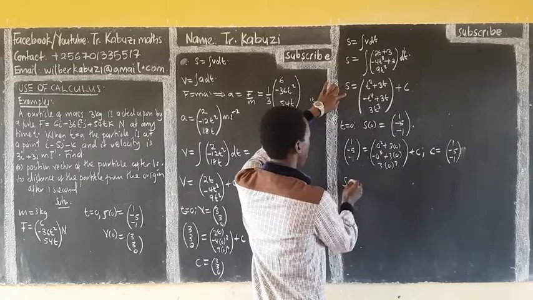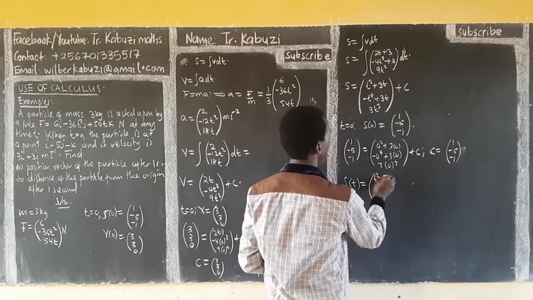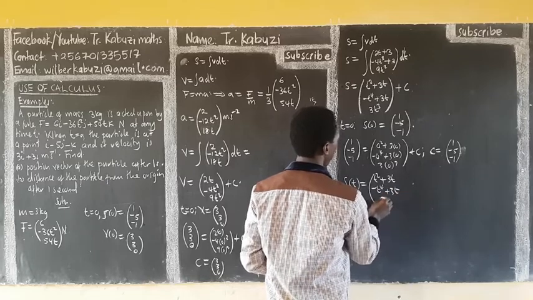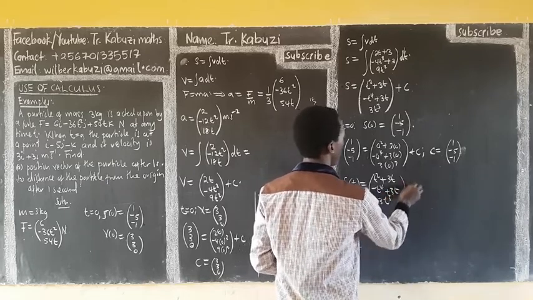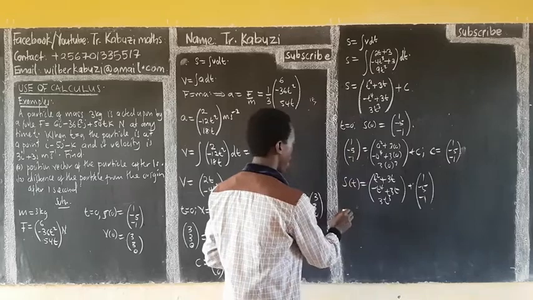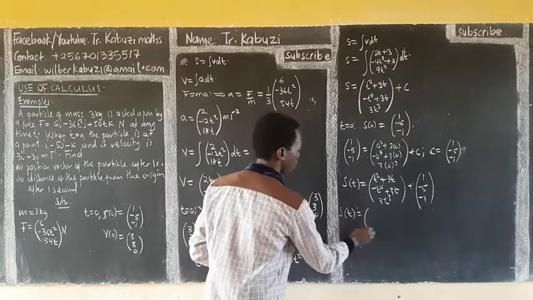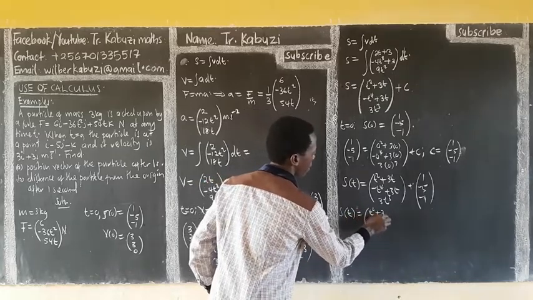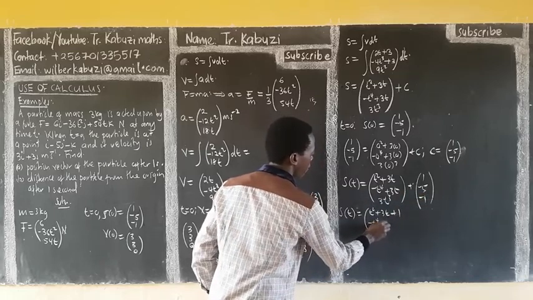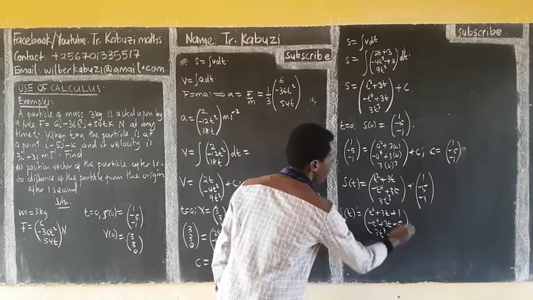So my s at any time t is t squared plus 3t plus 1, then negative t to the power 4 plus 3t minus 5, then 3t cubed minus 1.